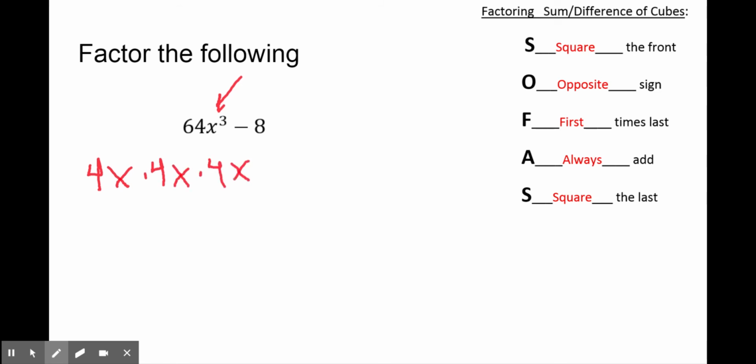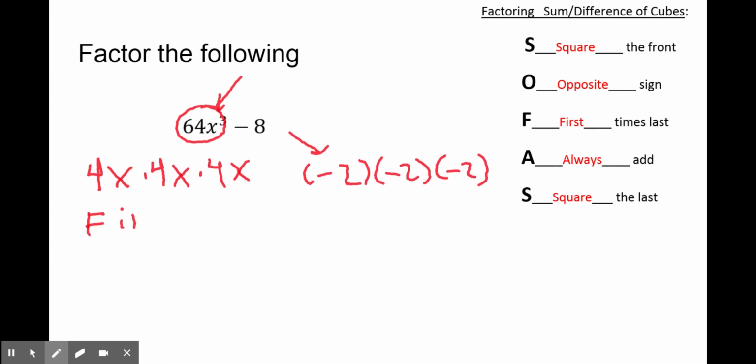So if we have 4x times 4x times 4x, that would give us 64x to the third. Negative 8, we know to be negative 2 times negative 2 times negative 2. So we have our first, we have our last.